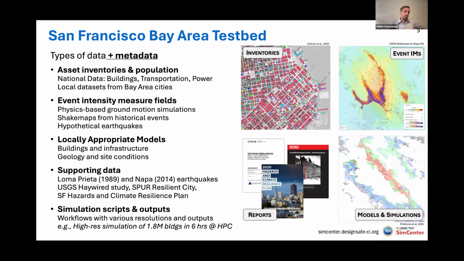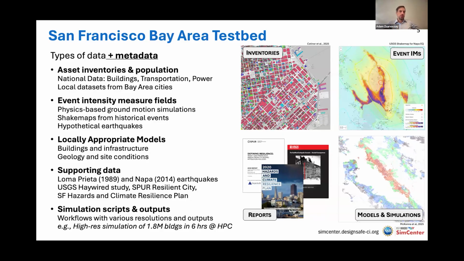We have locally appropriate models of buildings, infrastructure, and the local geology that help make those studies more specific to the Bay Area and more useful for the local stakeholders if they want to see the outcomes. There are a lot of reports. There have been a few earthquakes, fortunately only a few in recent decades in the area, that can help validate or ground truth some of the research results.